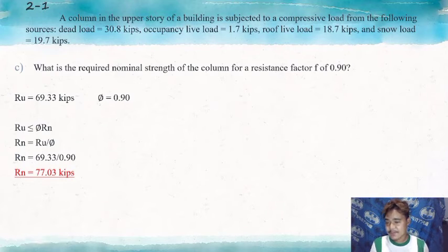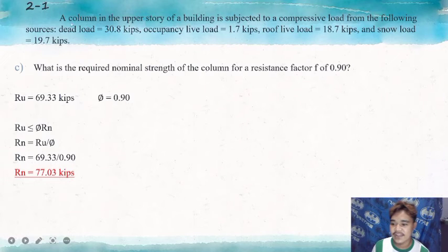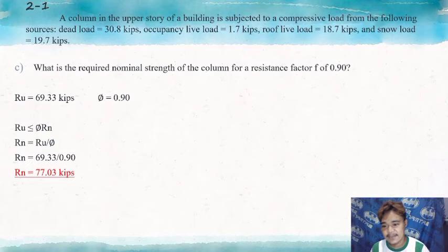So our given required strength is 69.33 kilopascals and our resistance factor is equal to 0.90. Just manipulate the formula: required nominal strength is equal to required strength over resistance factor, which is 69.33 over 0.90, and our required nominal strength is 77.03 kilopascals.